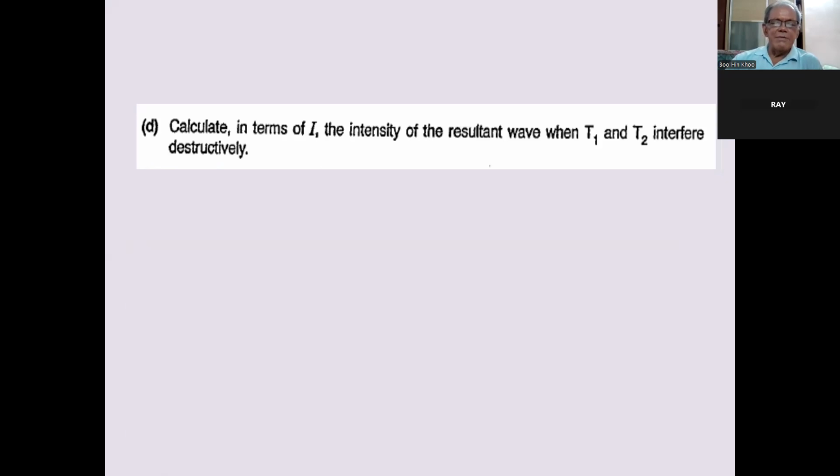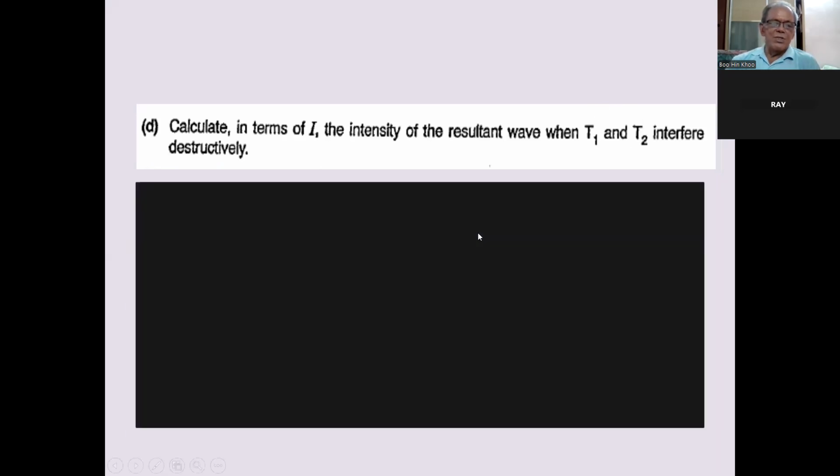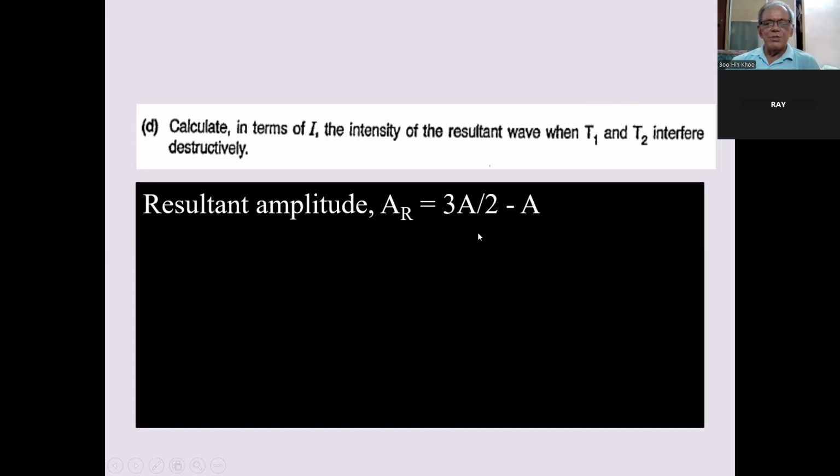Calculate in terms of I the intensity of the resultant wave when T1 and T2 interfere destructively. This is A, this is 3A over 2. So calculate the resultant amplitude: 3A over 2 minus A is half A. So it's K times half A squared. KA squared is I, so it's a quarter I.